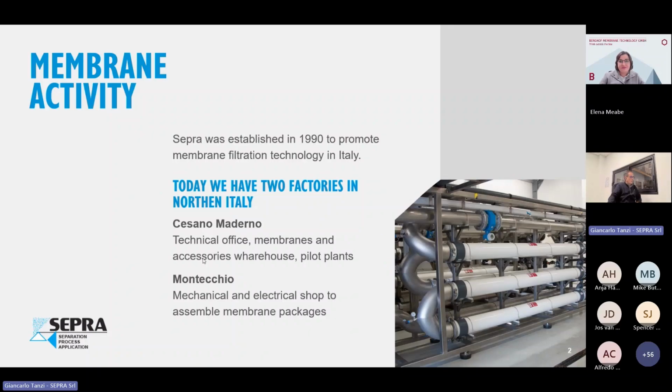Okay, so again, apologize. I will go quickly through the introduction because Elena already mentioned that we've been dealing with membranes for a long time, as a membrane supplier cooperating with different partners. Berghoff is one for sure.